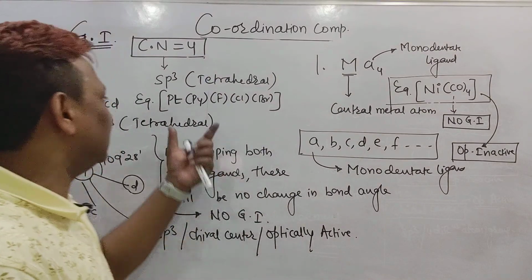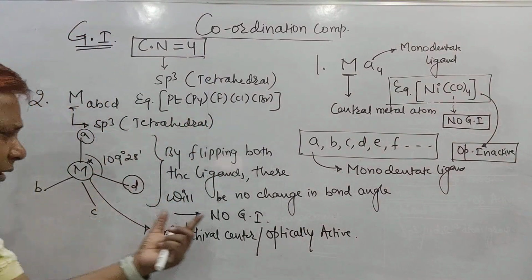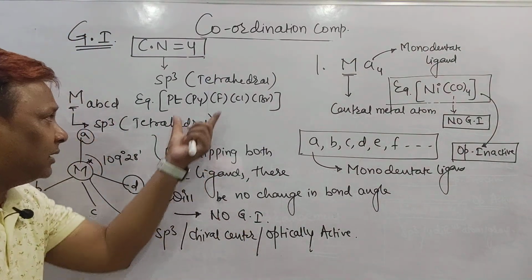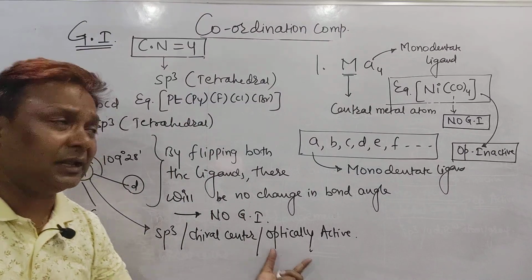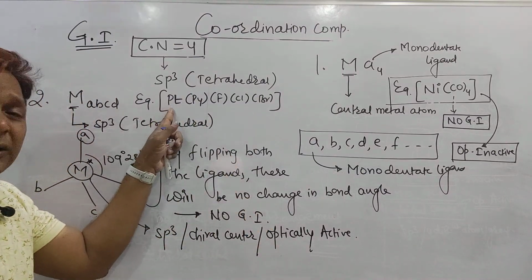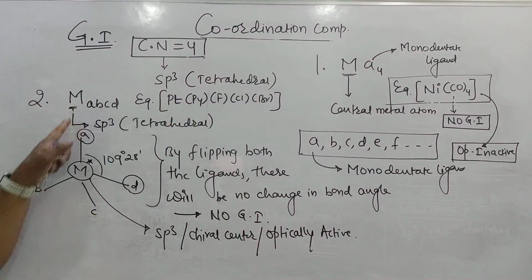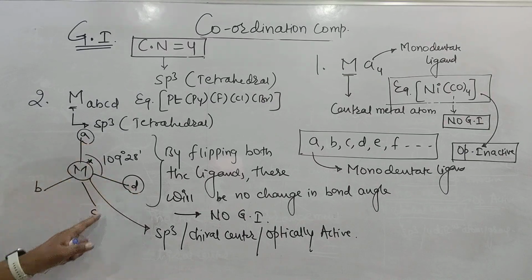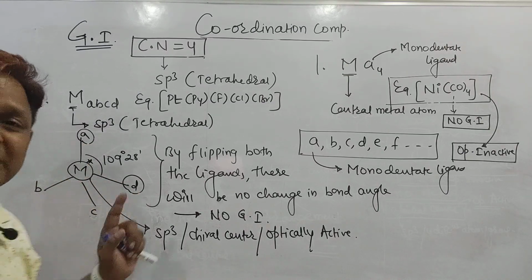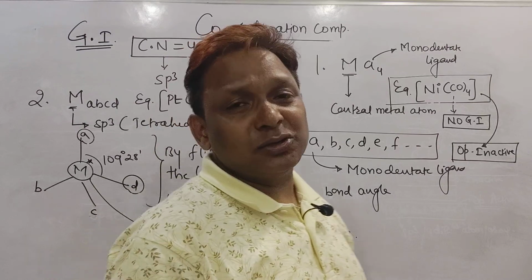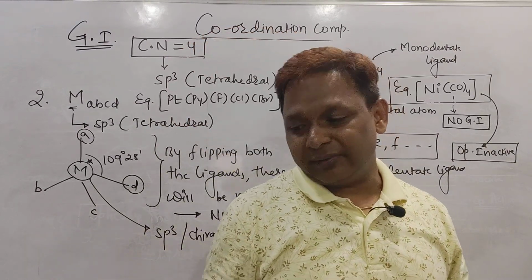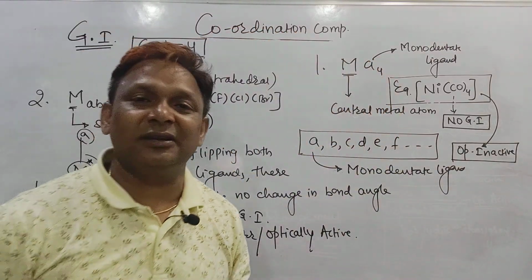So these monodentate ligands do not have geometrical isomers, but the complex will show optical activity because of the presence of a chiral center. Metal atom M has 4 different groups and it also undergoes sp3 hybridization, hence it shows optical activity. Is it clear? Please take a screenshot.